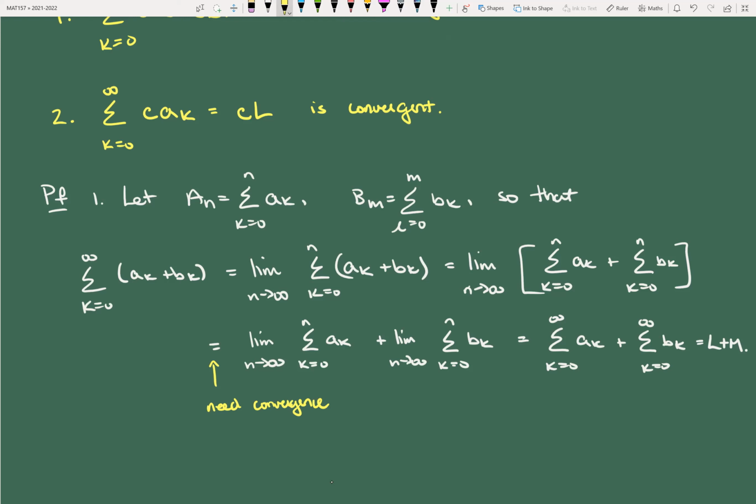Remember, the limit laws require that your limits exist. So in order to do this, I did need that the limits existed in the first place. And then 2 is exactly the same, just instead of adding, you're doing scalar multiplication. So it's nothing big.